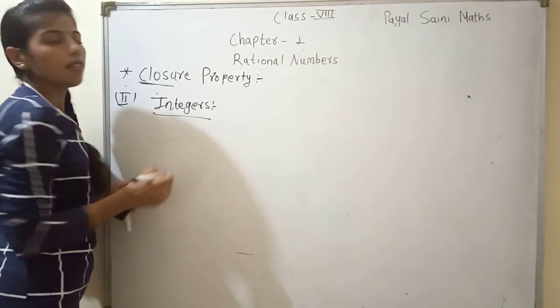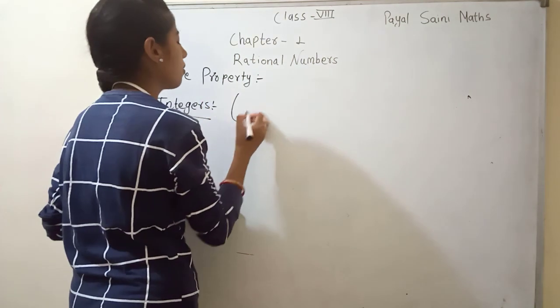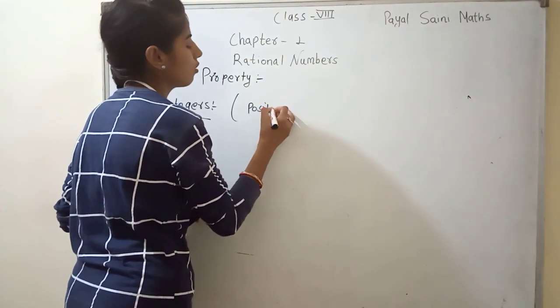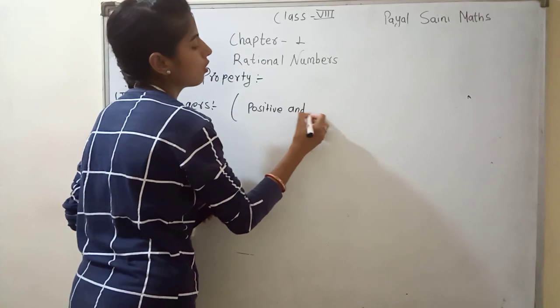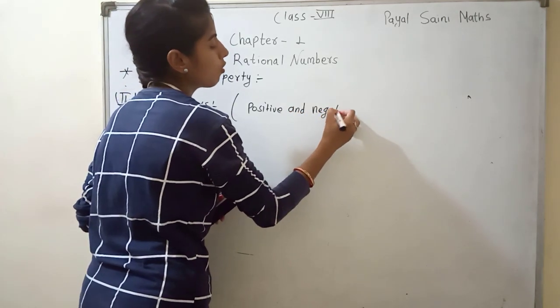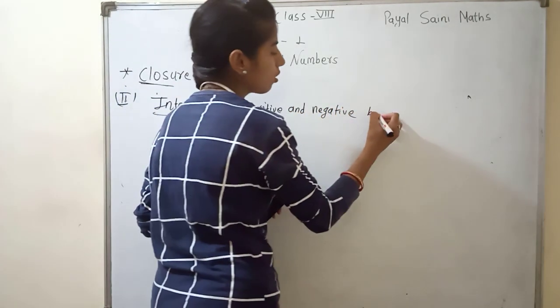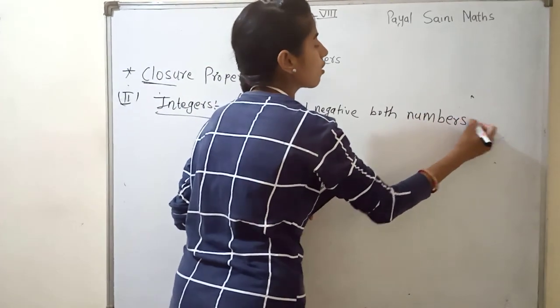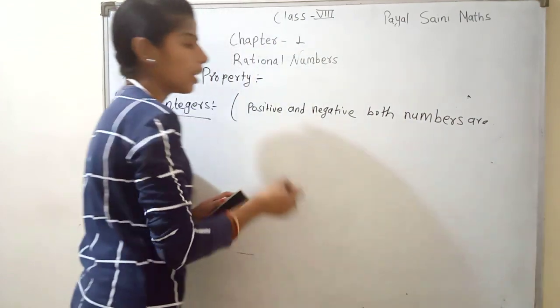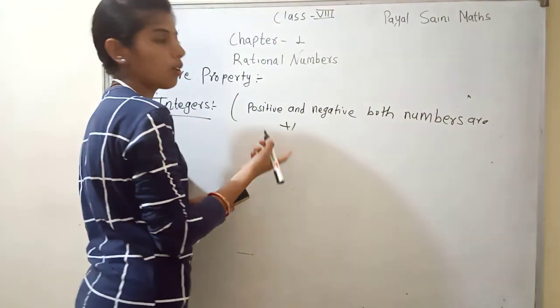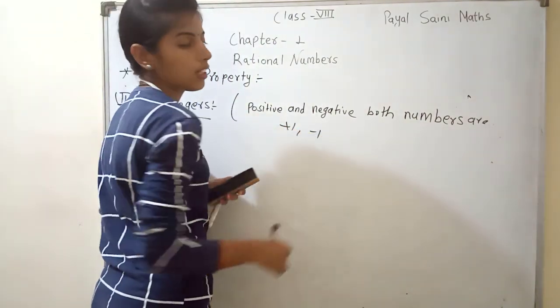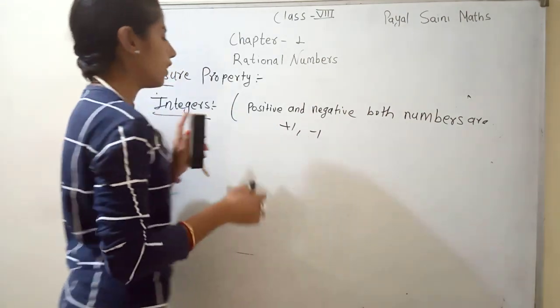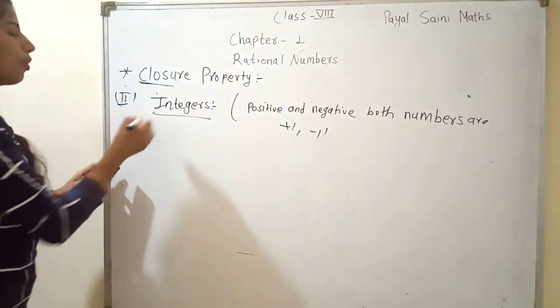Integers means both positive and negative numbers are included. Plus 1 is included in integers, and minus 1 is also included in integers.